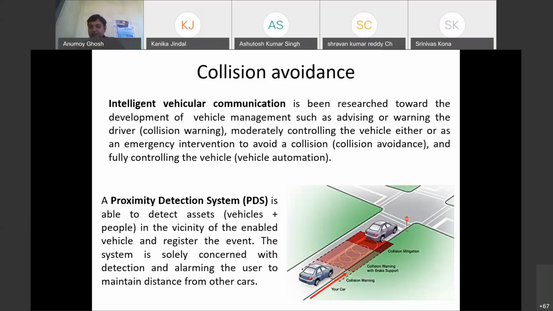Whenever it is in this purple region, the RFID tag will say there is a collision warning. So first, the driver is given a collision warning. If he ignores it, he will be given another collision warning with brakes up. If he ignores that also, there will be automatic collision mitigation, meaning the speed will automatically decrease. So that is intelligent vehicular communication.